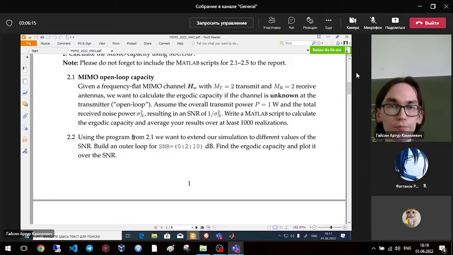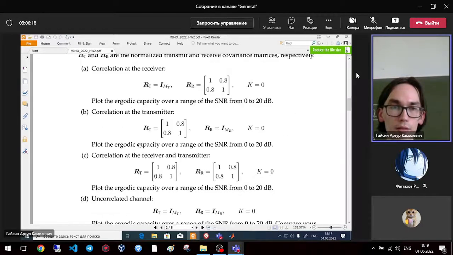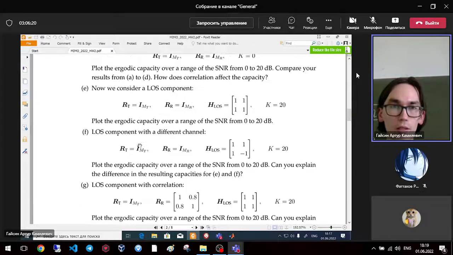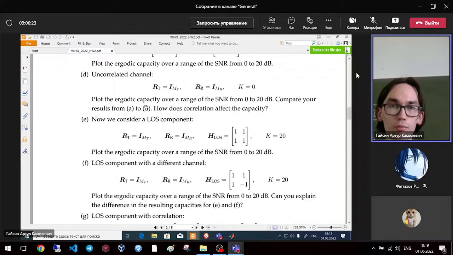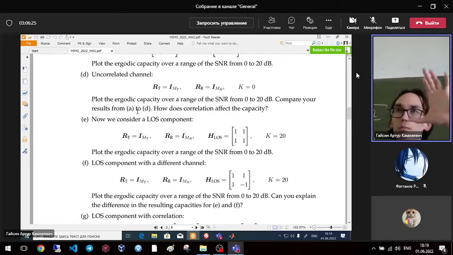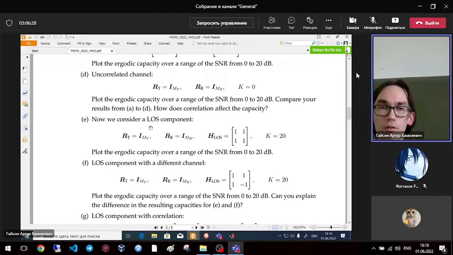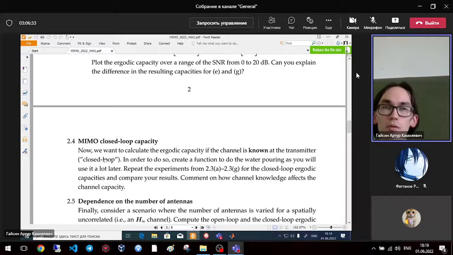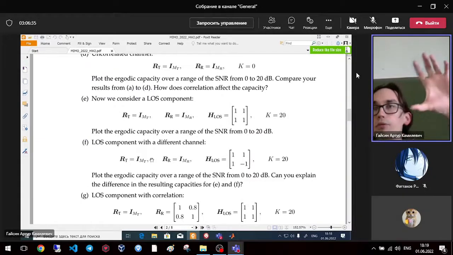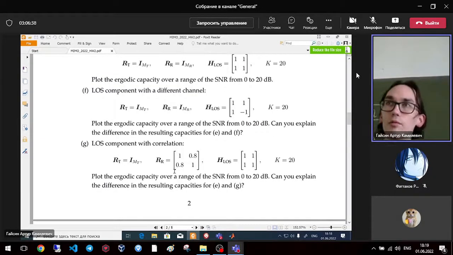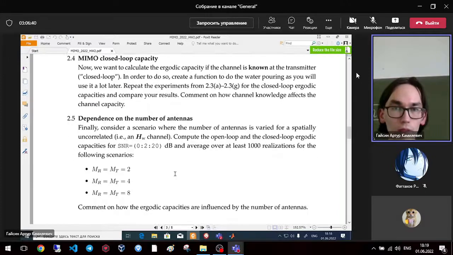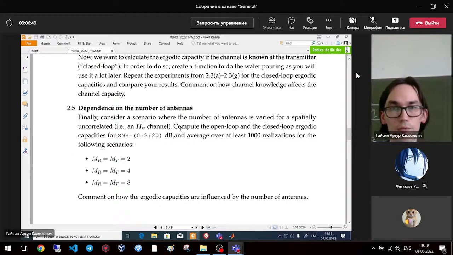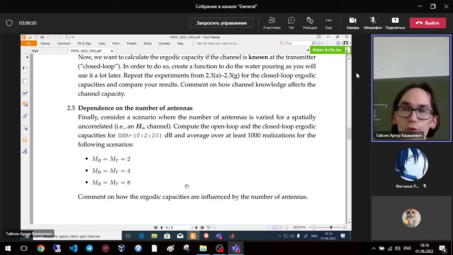And as I said before, it will be good if you plot A and D in one figure, E and J in our figure. And for 2.4 also A and D one figure, E and J in our figure. And this thing is the same, so you just use especially white channel, change the signal to noise ratio, and assume 3 different cases.